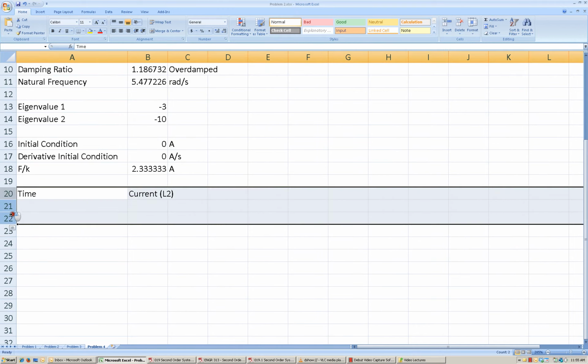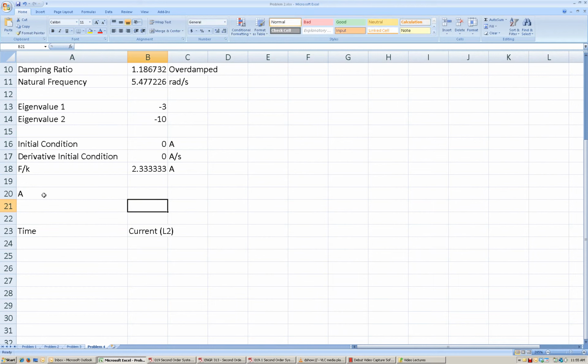Now I need to insert a couple of rows so that I can calculate my coefficients. The coefficient B for the overdamped system is given by the derivative initial condition plus the first eigenvalue times F over K minus the initial condition, all divided by the difference between the second eigenvalue and the first eigenvalue.